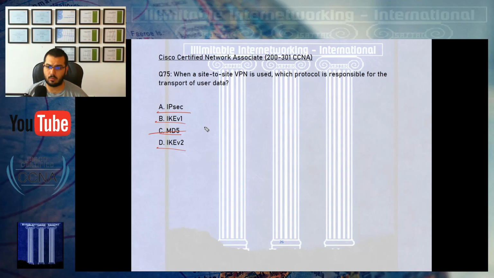Which protocol? Okay, as a protocol, I will go with IPsec. IPsec is actually a secured IP. Whenever you enable site-to-site VPN, you will have to use the secured IP, not the normal old IP, which you can inspect and see what's inside the header and the payload.